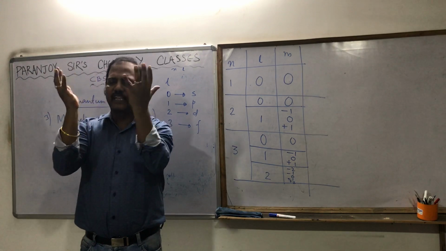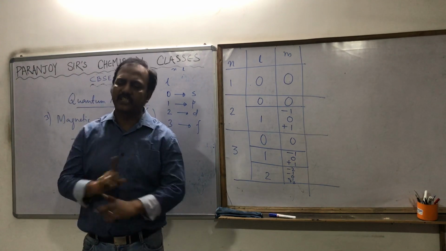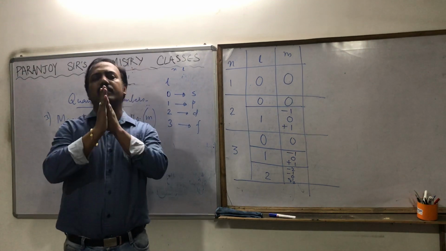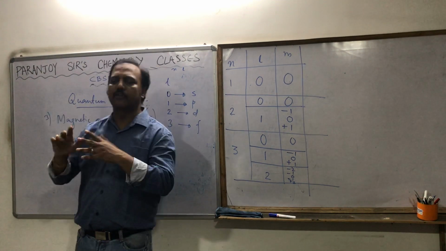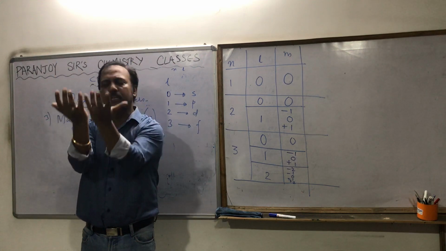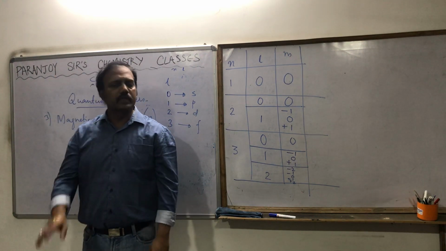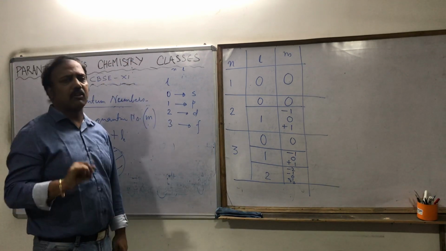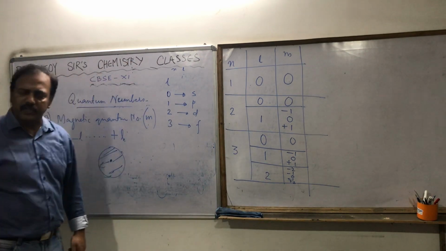Obviously, if it is spherical, it does not have any sides. It is not directed in the x-axis or y-axis or z-axis, because every side is the same. So the spherical orbital does not show any direction.